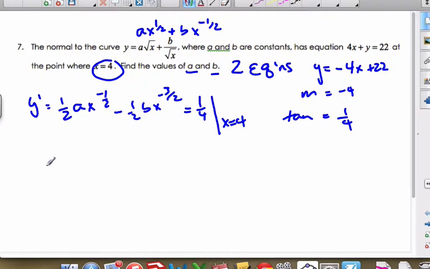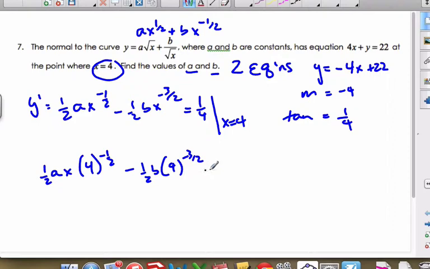So if I plug this in, I get 1/2 a times 4 to the negative 1/2 minus 1/2 b times, not x, but rather I can make that 4, 4 to the negative 3/2 is equal to 1/4.